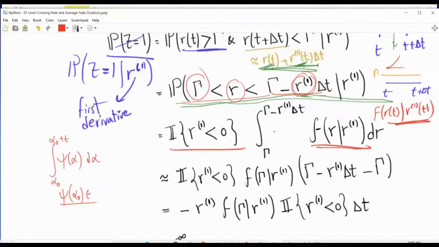Because if the interval is very small, you can assume the function is almost constant, take it outside, and multiply its value by epsilon. We do the same here: we evaluate the conditional distribution at gamma and multiply by the length of the domain of integration, this minus that, which gives you this value.